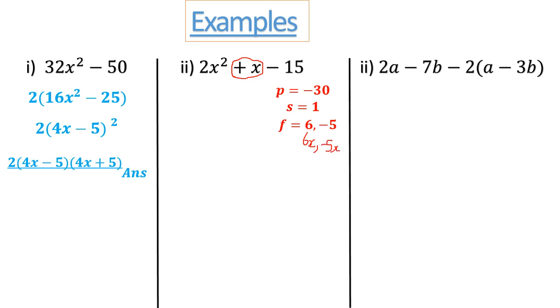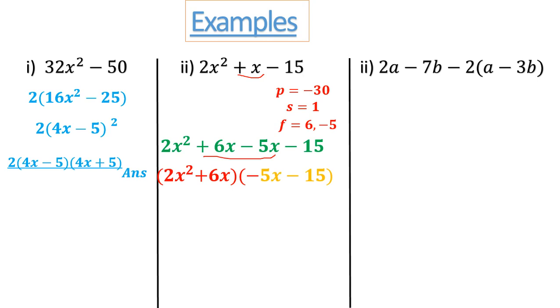We have substituted the x with the two factors there. So we have 6x minus 5x, and minus the 15. Now we group them: these two here, then the negative 5x and the negative 15.